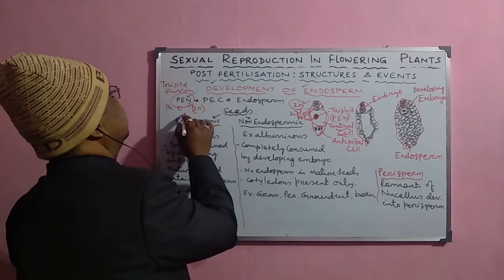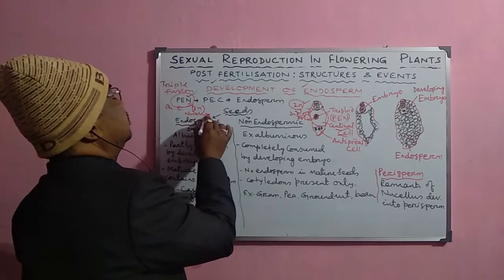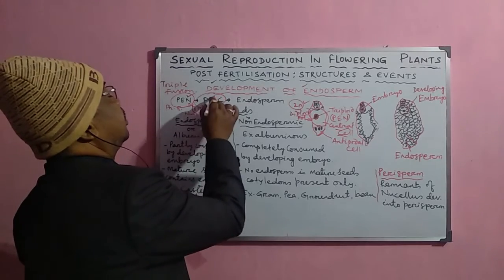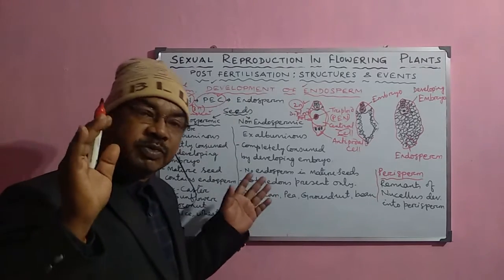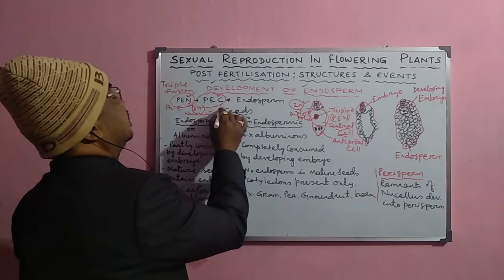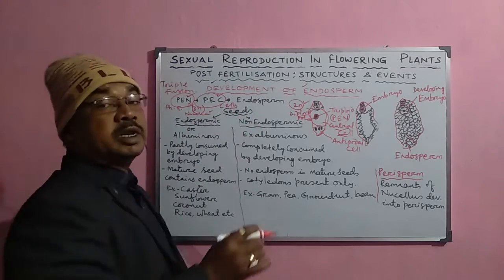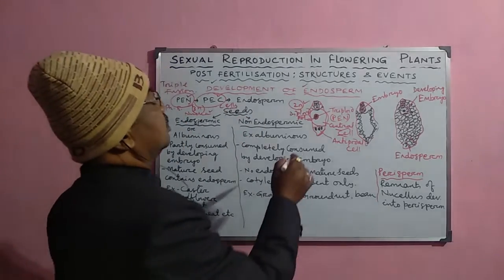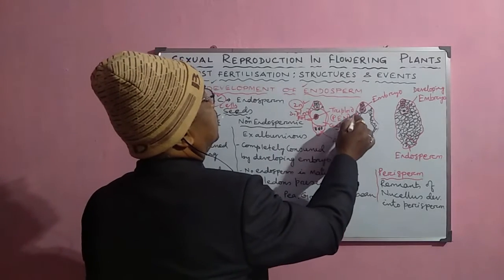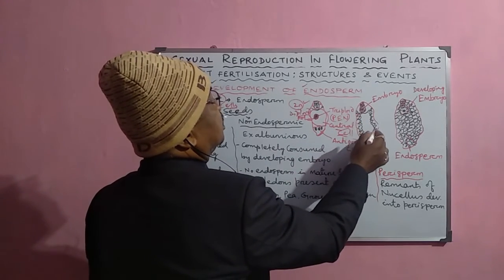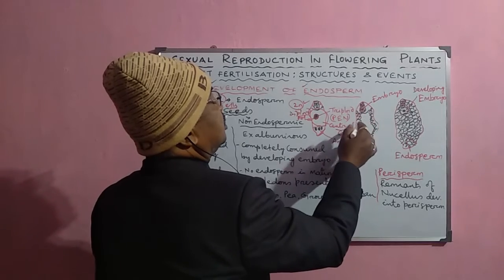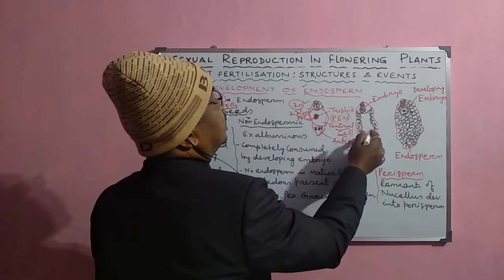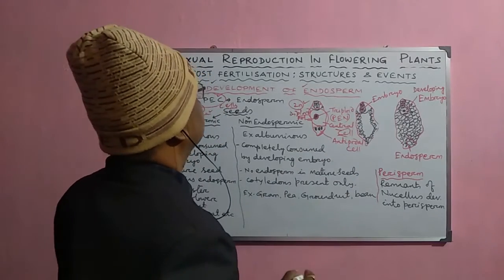The nuclear division occurs first, and after the nuclear division the cell walls form, and the primary endosperm cells are formed. The number of primary endosperm cells increases and fills up the full central cell and the nucellus.